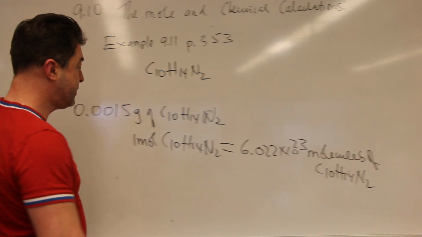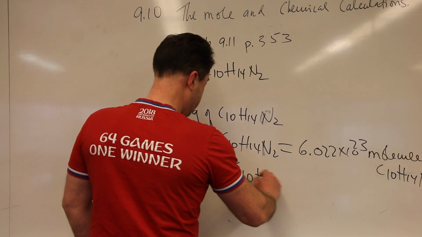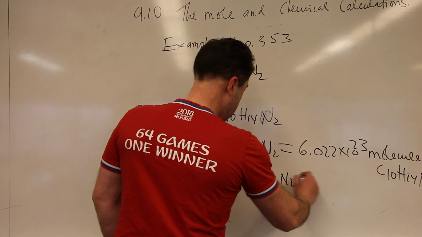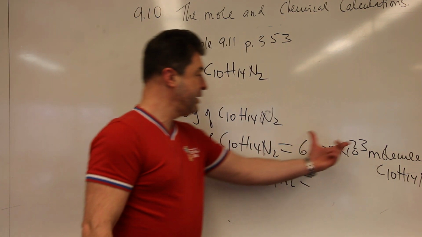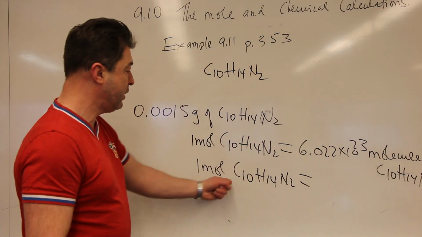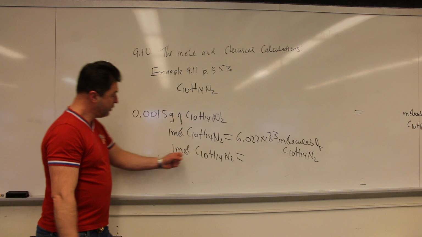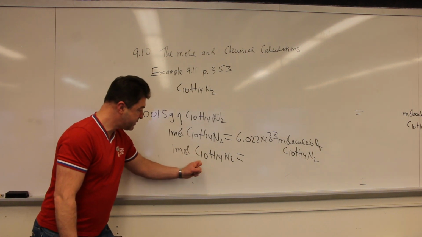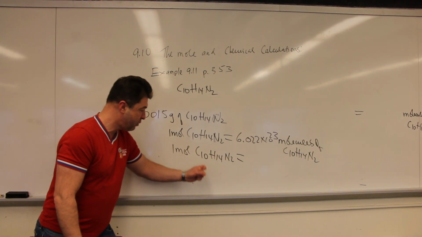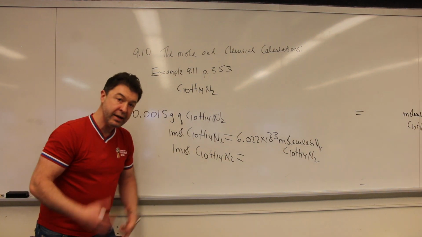The second conversion factor for the mole, which we talked about in the previous discussion, is the molar mass of this 1 mole. To do that, you go to the periodic table and look up the molar mass for this element, this element, this element. Don't forget to multiply by 10 for this element, 14 for this, 2 for this, and then add them all up.